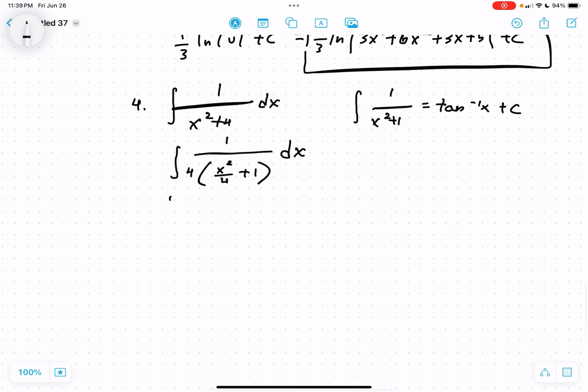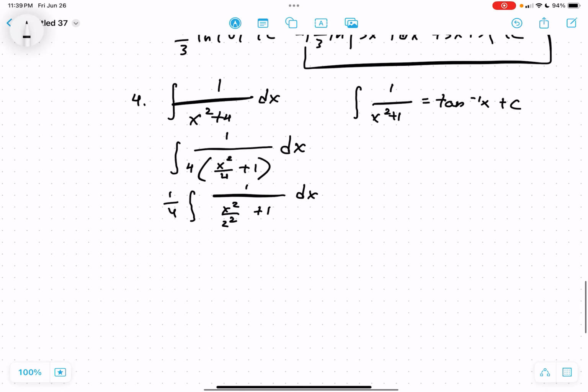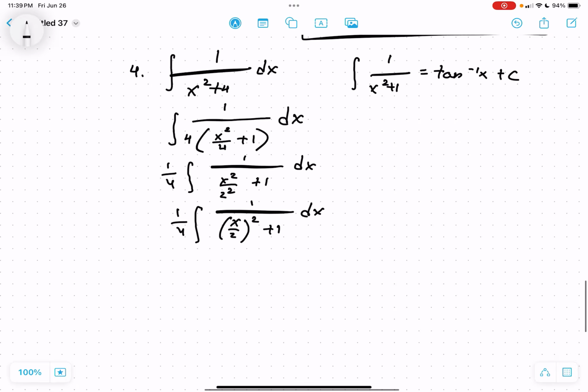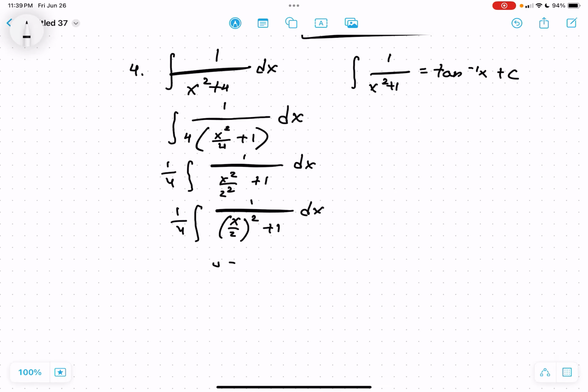Now I can take out a 1/4, and I get 1/4 times the integral of 1 over, and I'm going to rewrite this as x squared over 2 squared plus 1 dx. Now, notice that for this integral, I have the same power, so I can rewrite this as x over 2 squared plus 1 dx. And now I'm going to let u equal x over 2.